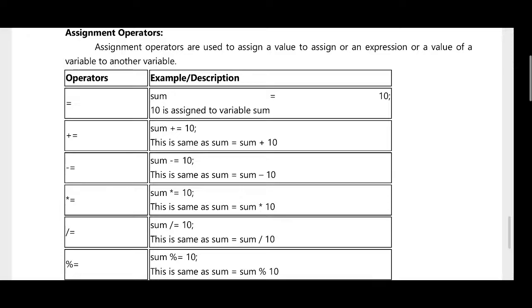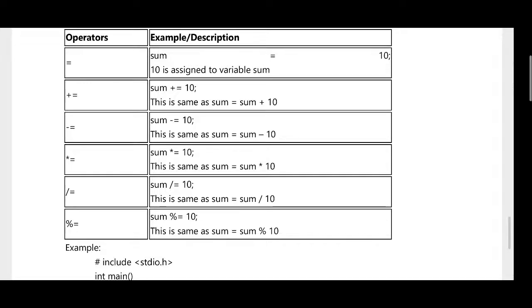This is the same as sum is equal to sum plus 10. Sum minus equal to 10 is the same as sum is equal to sum minus 10. Sum star equal to 10 is the same as sum is equal to sum star 10.